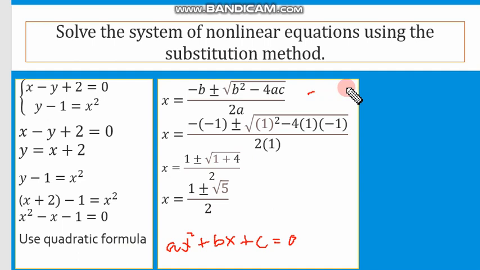I don't know if you remember this one; you had this in junior high school. The coefficient of x squared is 1, so a is 1. The b is the coefficient of x, which is negative 1, so b is equal to negative 1, while c is negative 1.